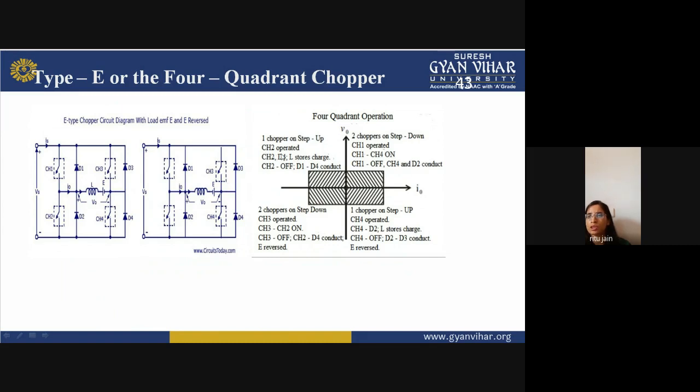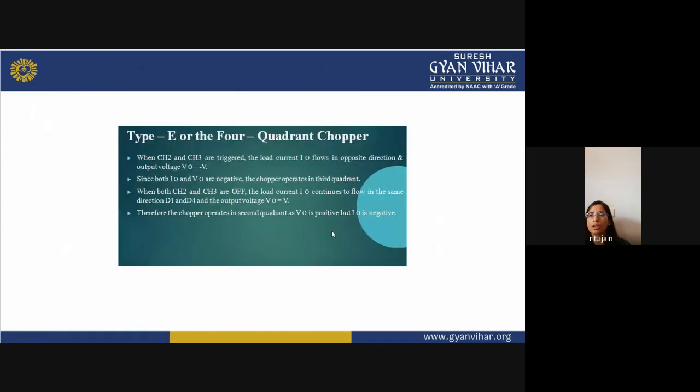When CH2 and D4 are operated, it stores energy, and the current will remain in the negative direction, because it will behave like a source, and the voltage will remain in the positive direction. So this is all about the type E chopper, or four quadrant chopper.